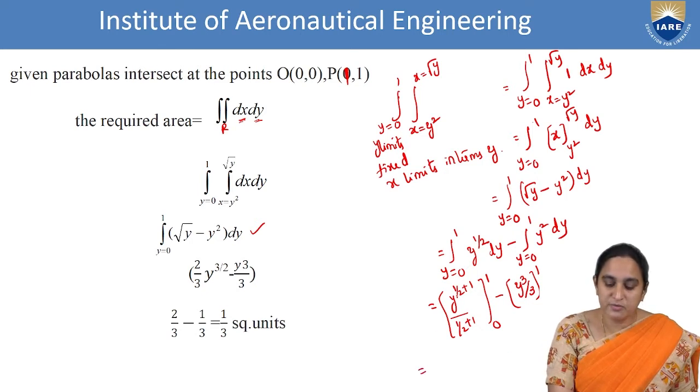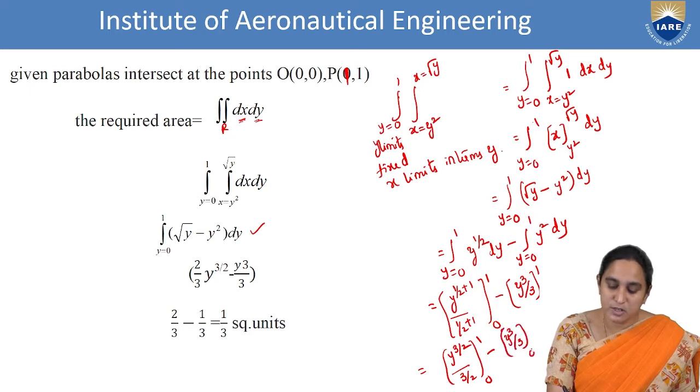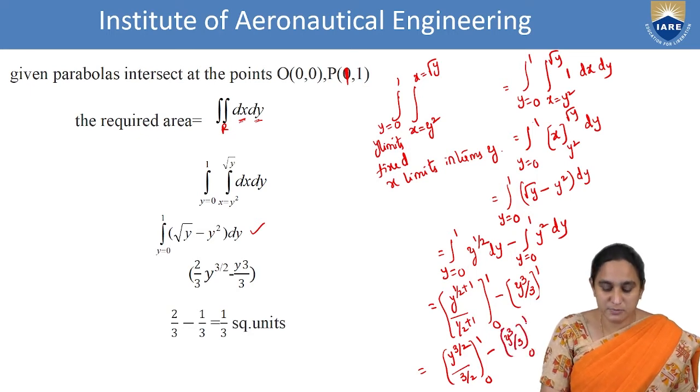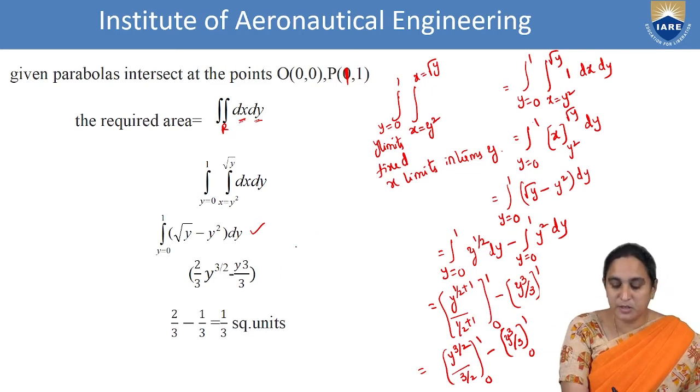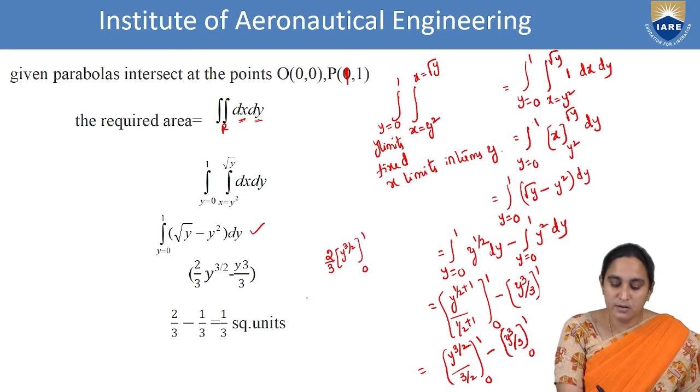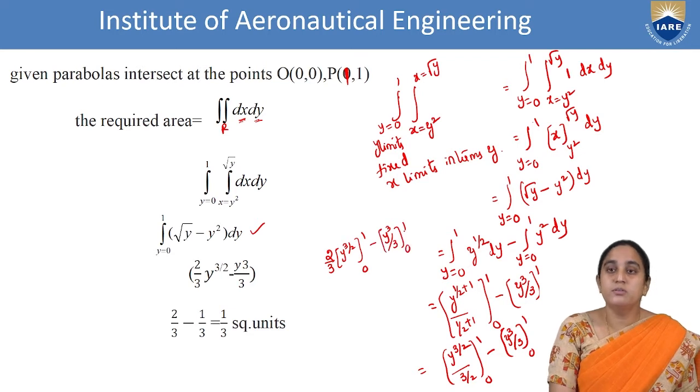From that, y power 1 by 2 plus 1 means y power 3 by 2 over 3 by 2, limit points 0 to 1, minus y cube by 3, limit points 0 to 1. After this I'm substituting the limit points here. That is 2 by 3 into y power 3 by 2, limit points 0 to 1, minus y cube by 3, limit points 0 to 1.